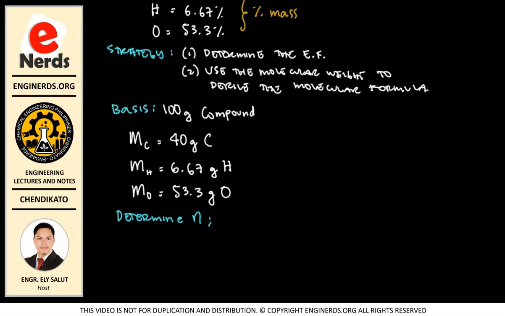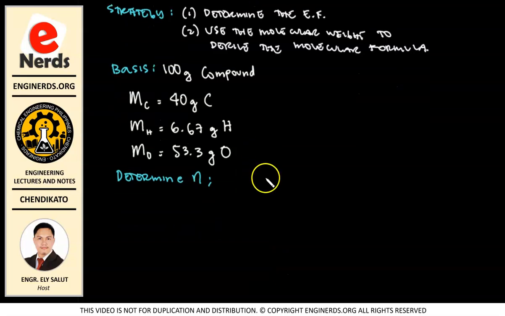Alright, so the next step is to determine the number of moles of our elements. Let us start by determining the number of moles of carbon. You can do that by dividing the mass of the carbon by the atomic mass of the carbon. On this problem we have 40 grams of carbon, and we're going to divide that by its atomic mass.